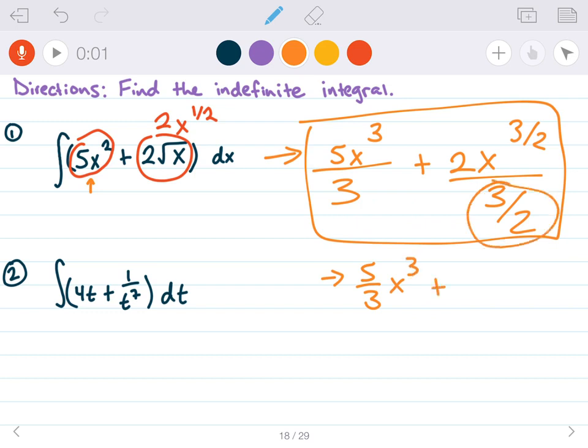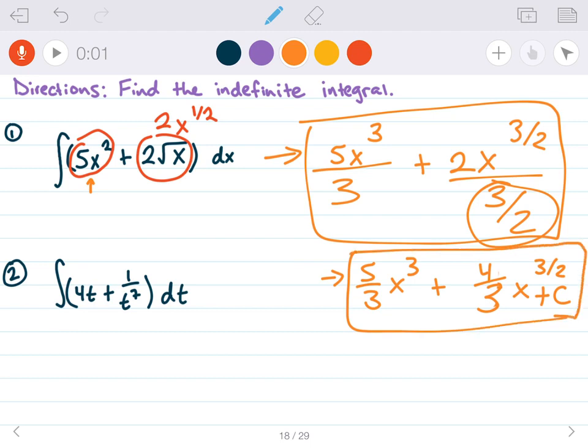So this is just 2 times 2 over 3, x to the 3 halves. So that's just 4 over 3, x to the 3 halves. Plus a constant. Don't forget the plus c with these indefinite integrals. Okay, so that's my answer there.